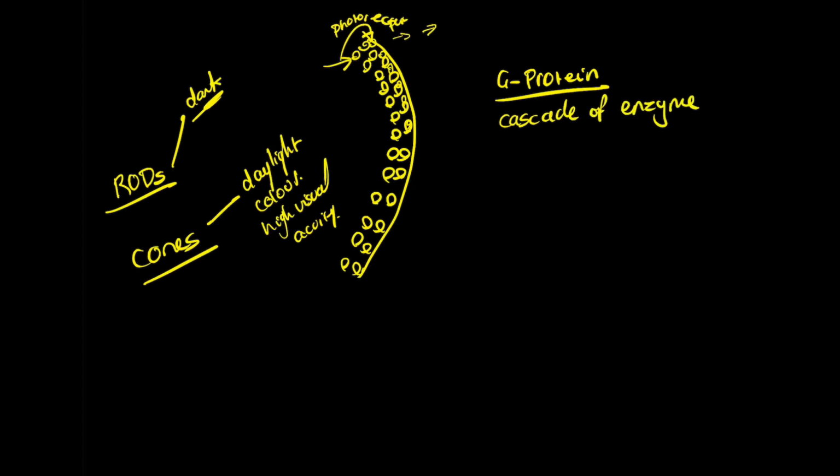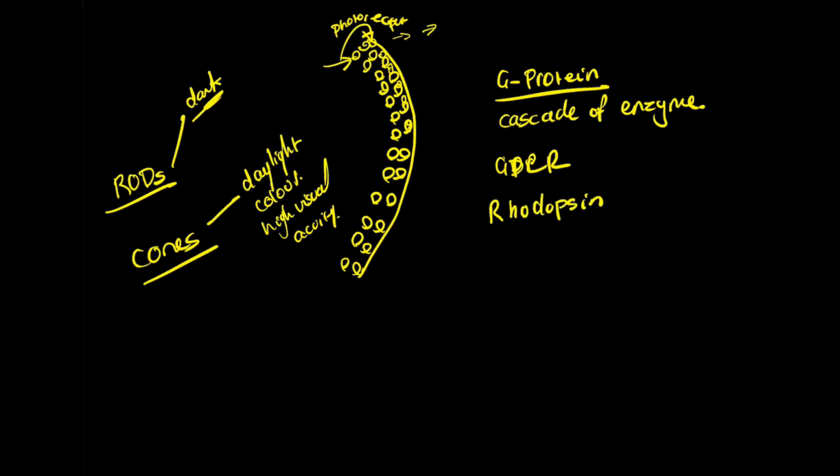So it's not just one thing doing one thing. It starts with a GPCR, a G protein coupled receptor, and basically this is called rhodopsin.